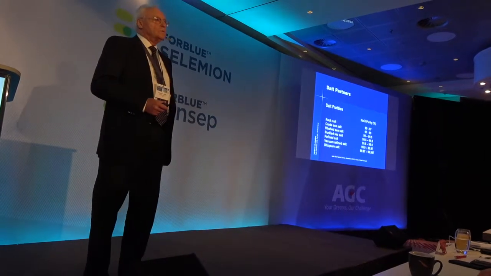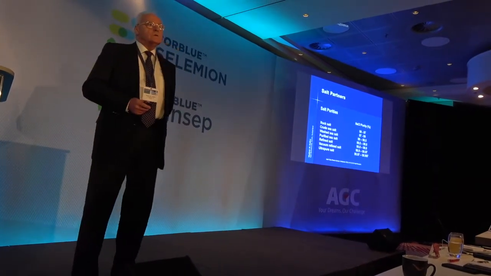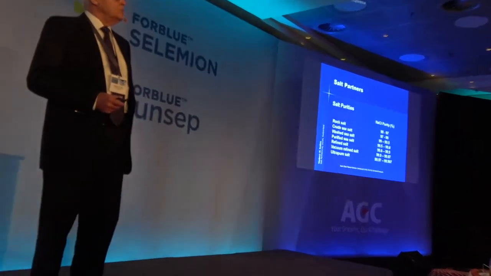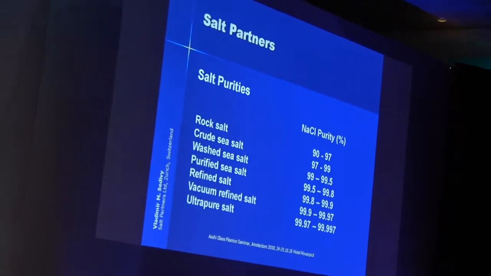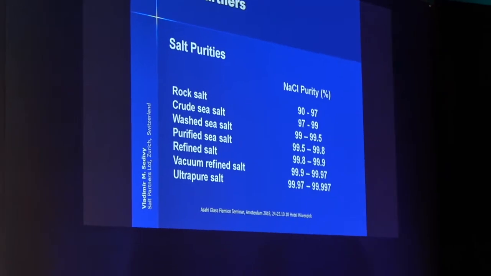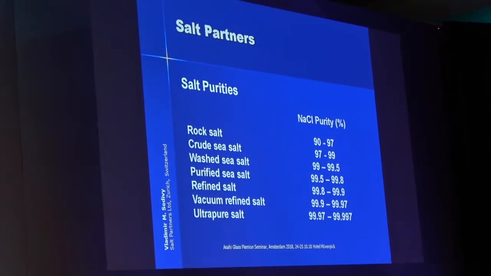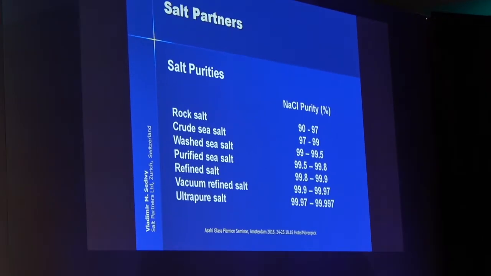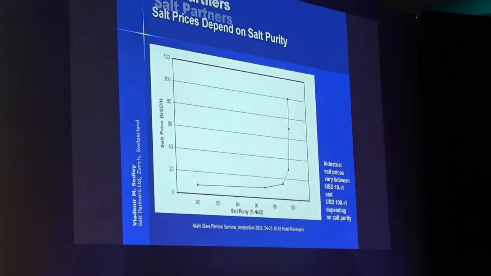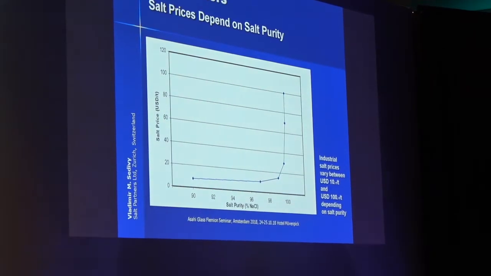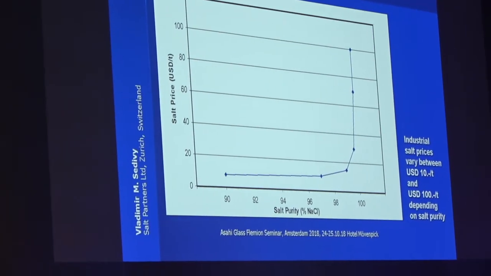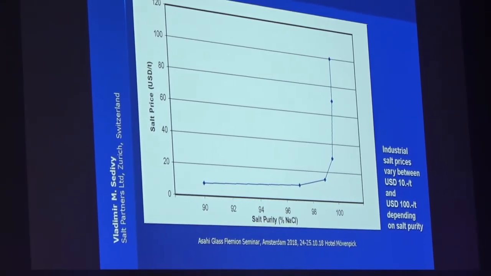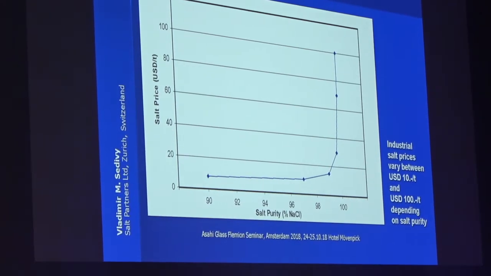Quality of salt, salt purities. There are some salts that are extremely impure, 50% perhaps, and then it goes into the very, very high purities, what I would call the ultra pure salt. The prices of these salts, of course, vary, and they can be as low as perhaps not even $10.